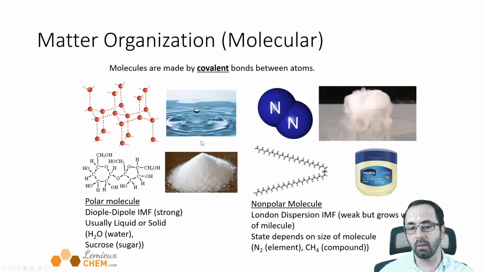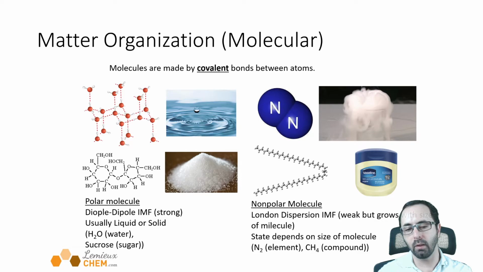And so the result is that water molecules are liquid. Water is liquid at room temperature due to these relatively strong attractions between water molecules. Now, sucrose, table sugar, also has hydrogen bonding forces. Look at all the oxygen-hydrogen bonds. It has so many oxygen-hydrogen bonds that sugar has extremely strong hydrogen bonding forces.